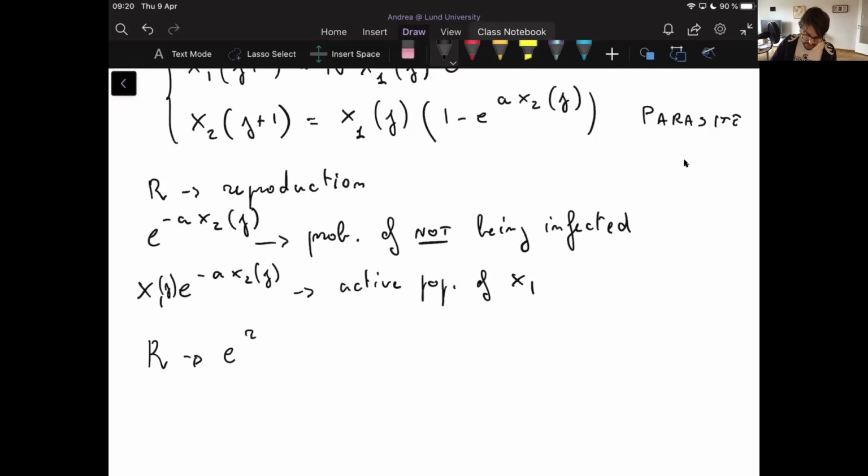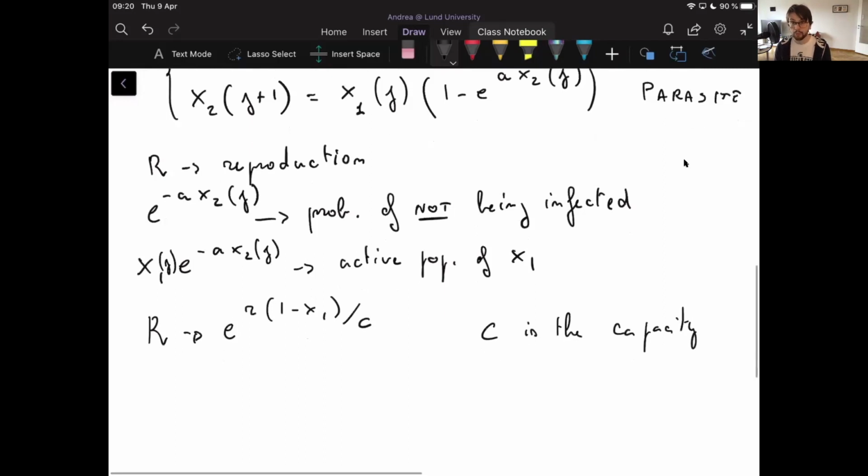It was R e^(1 - X1/C), where C is the capacity of the environment. Okay, so when X1 starts to get close to 1, then this exponential goes to 1 and kind of stops the evolution.